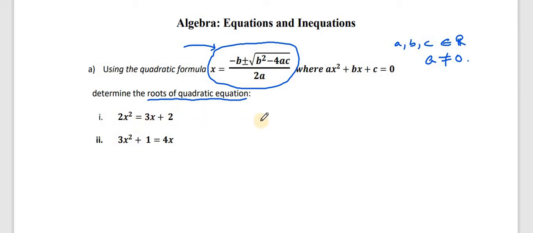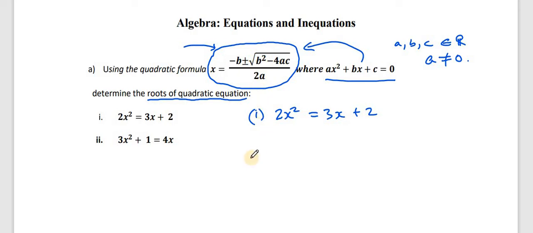So let's look at the first one, 2x squared equals 3x plus 2. What you want to do is to have the equation equal to 0. Why 0? So that we can take it and put it in the quadratic formula. Now to do that, we need to transpose all the terms from one side to the other side, so that the expression equals 0.